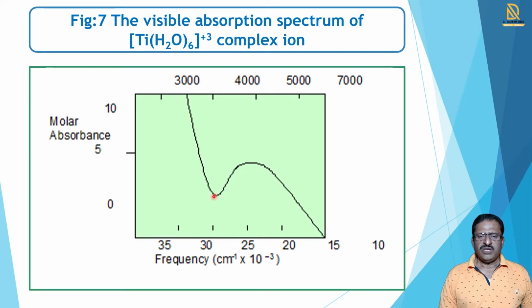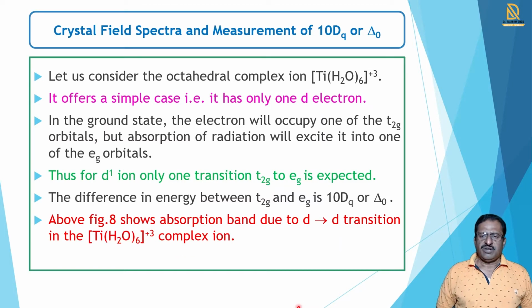So we get a particular peak, and it shows the values for that compound, [Ti(H2O)6]3+. Now we see the calculation of this.